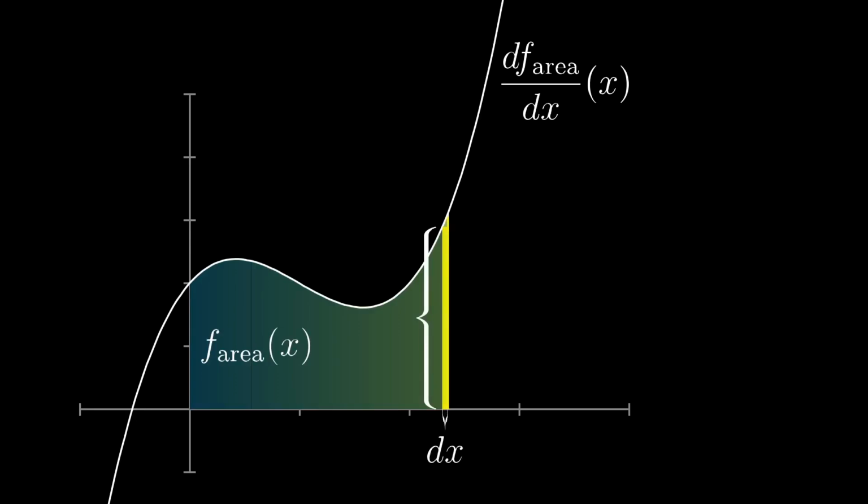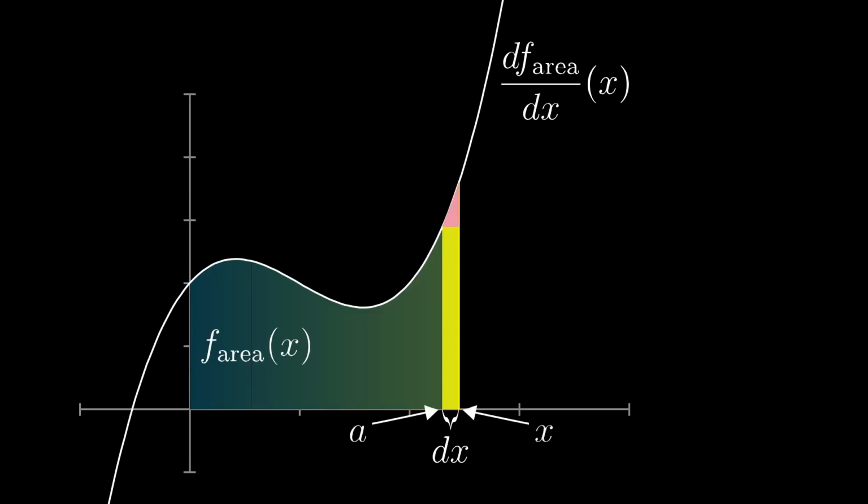But if you wanted to be more accurate about this change in area, given some change in x that isn't meant to approach 0, you would have to take into account this portion right here, which is approximately a triangle. Let's name the starting input a, and the nudged input above it x, so that that change is x minus a.